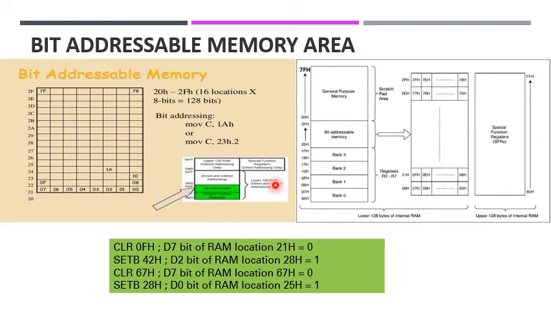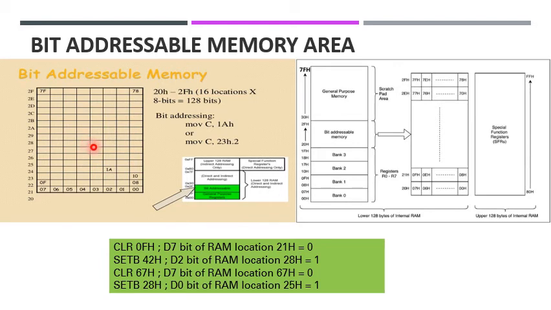What it is going to do is set the D2 bit of RAM location 28H. This is nothing but bit 2 of 28H, and this bit is being set to 1.